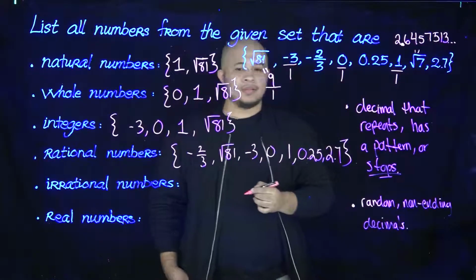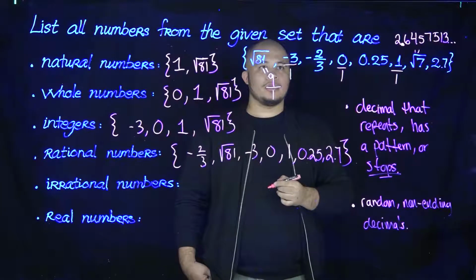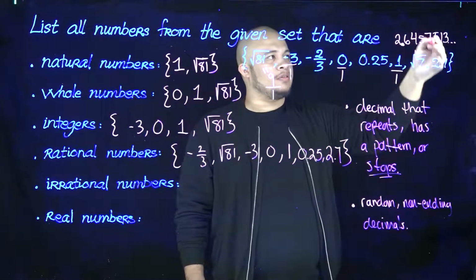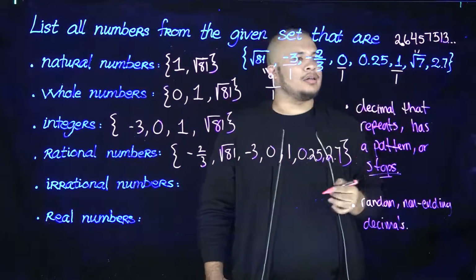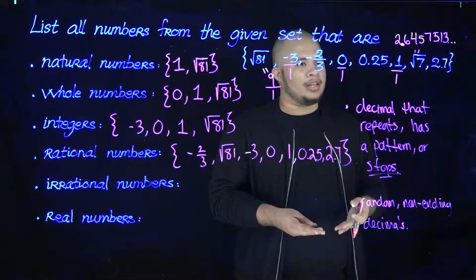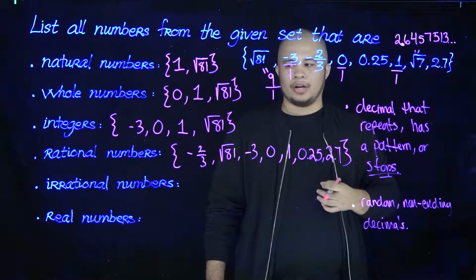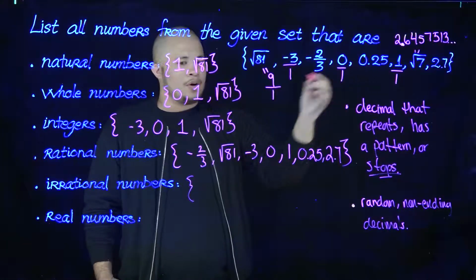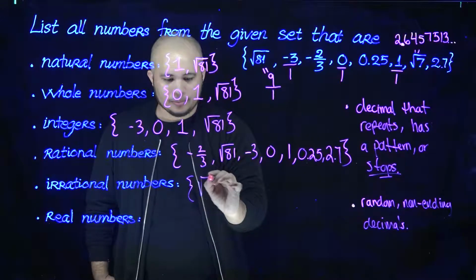We're looking for random, non-ending decimals. So notice, 645, 753, and this number continues on and on and on. It's very random. Okay, there's no obvious pattern to this decimal right here. So we call the square root of 7 irrational.